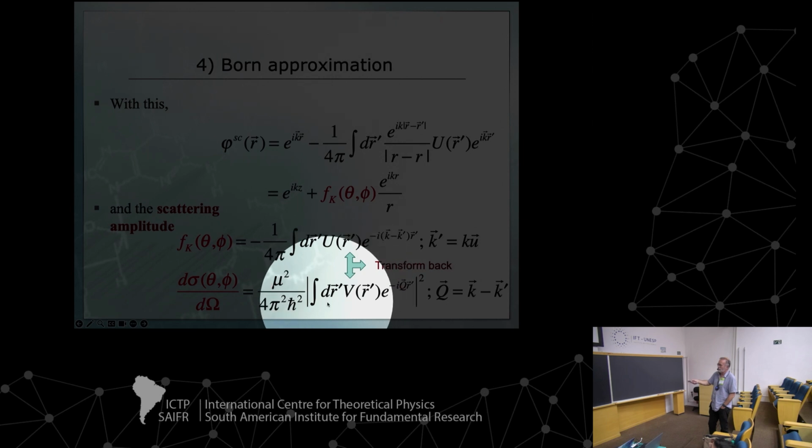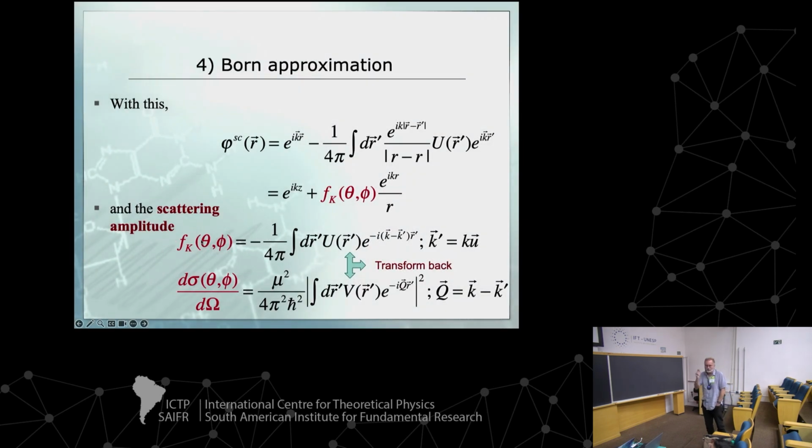So now, if you know the potential, you insert it here, and you know for a single scatterer what the differential scattering is. Weak, if you defer the technique. For instance, if I go to neutrons, I would expect that because those don't have charge, the interaction is normally weak, so it works for neutrons.